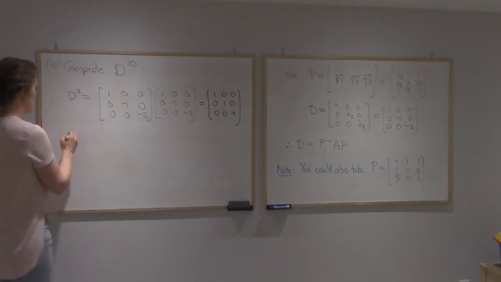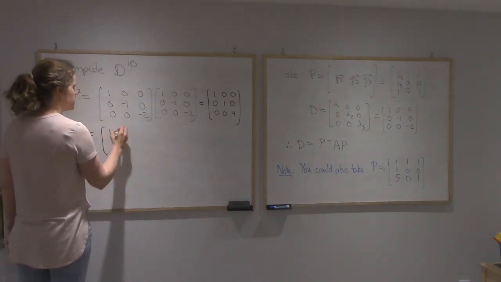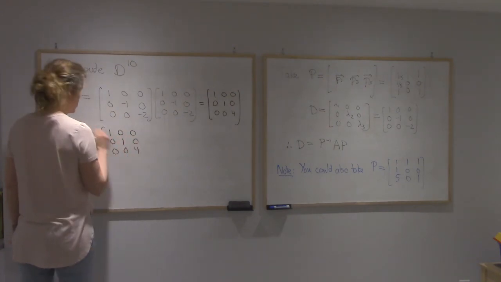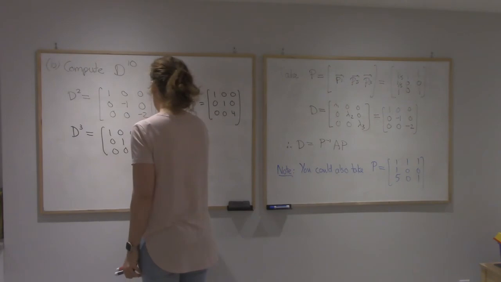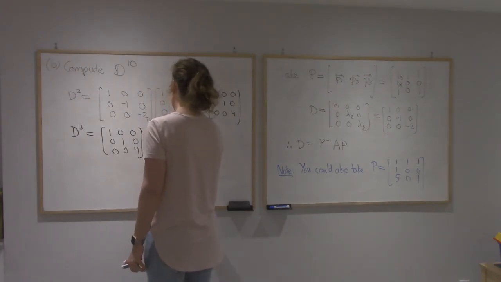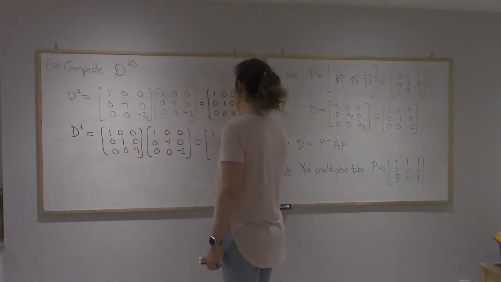If I take D cubed, that would be 1, 0, 0, 0, 1, 0, 0, 0, 4, times 1, 0, 0, 0, minus 1, 0, 0, 0, minus 2. And I'll get 1, 0, 0, 0, minus 1, 0, 0, 0, minus 8.